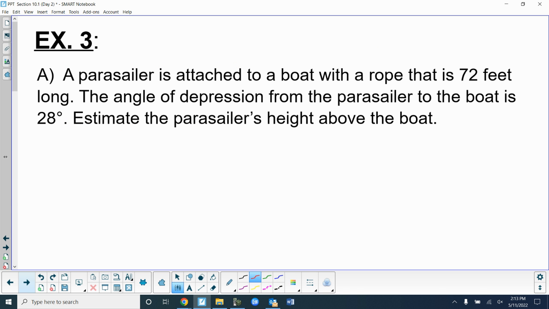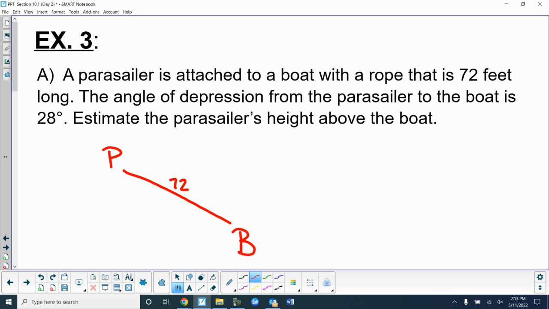So a parasailer is attached to a boat with a rope that is 72 feet long. All right. So I'm going to put P for parasailer and B for boat. And there's a rope attached that's 72 feet long. The angle of depression from the parasailer to the boat is 28 degrees.